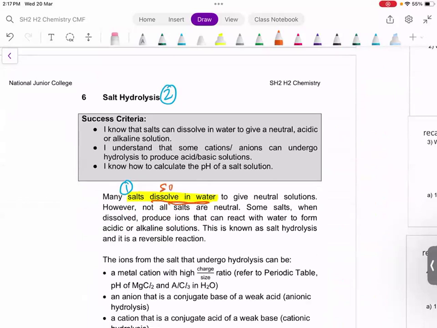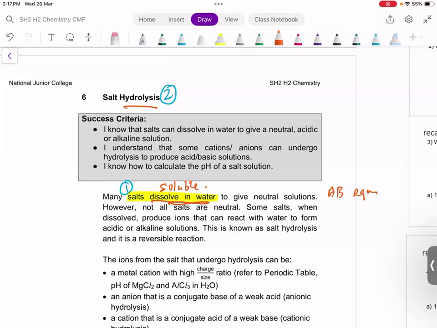When the salt can dissolve, then we consider hydrolysis. The salt must dissolve first, then we consider possible hydrolysis. So for acid-base equilibria, it's all soluble salt.